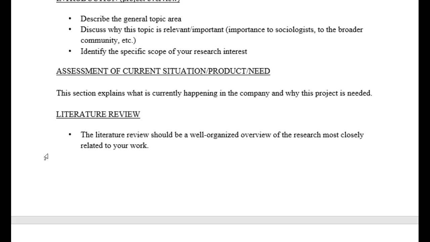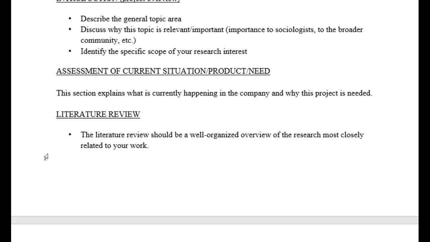How does this relate? For instance, if you were doing a new training project, you might have several articles on various training methods and maybe some articles on other companies that have revised training methods, but you probably don't want to include stuff like, okay, well, here's the best way to organize the workflow.